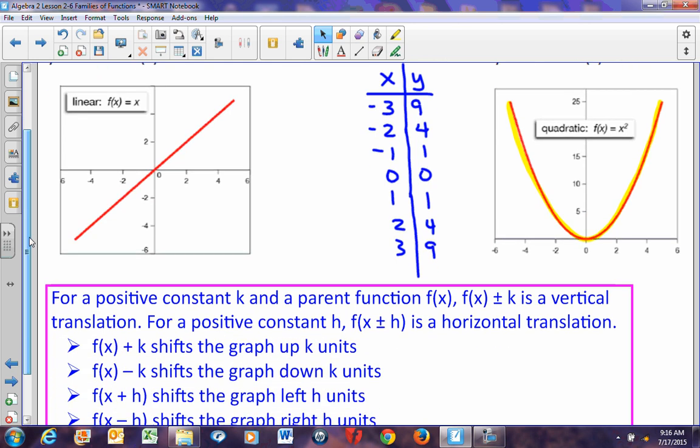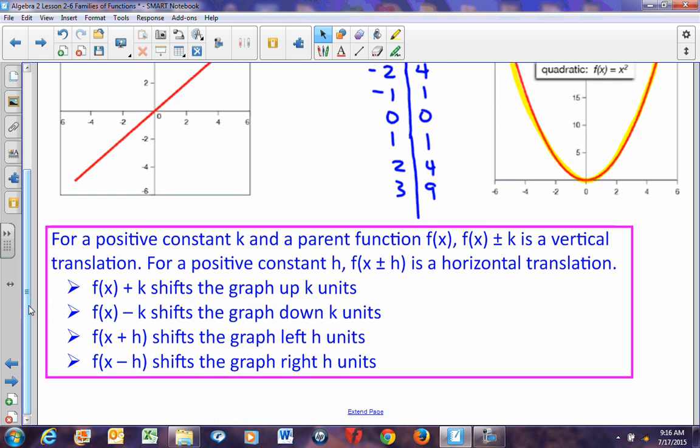If you are going to be working with a positive constant k in the parent function, okay, so you have the parent function f of x. If you have f of x plus or minus k, it's a vertical translation. Okay? For example, in this first one right here, f of x plus k shifts the graph up k units.